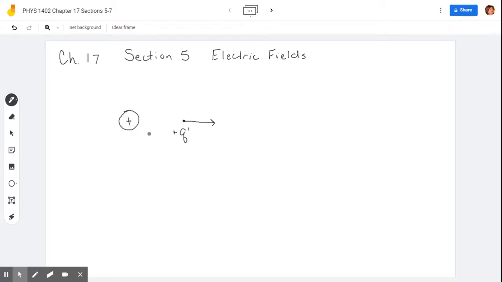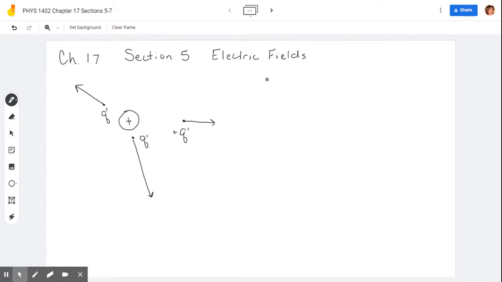If I were to bring it in closer, maybe bring it down here, that same positive charge would feel an even larger force because it's closer. If I bring it up here, it'll be kind of medium, but in each case, a positive test charge is going to feel a force directed away from this positive charge.